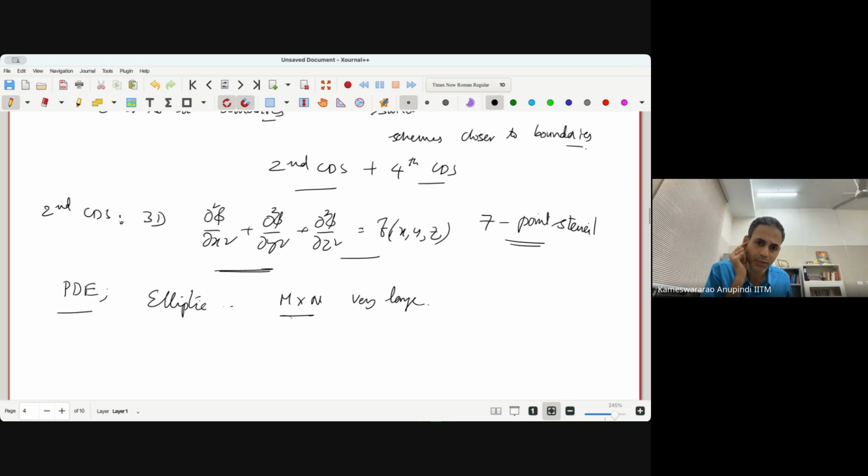With very large values of m and n, it is not a good idea to use direct methods, although direct methods such as the tridiagonal matrix or block tridiagonal matrices are available. It is still advisable to not use direct methods for very large matrices. If you have small size matrices, a few thousands and so on, you can use them.